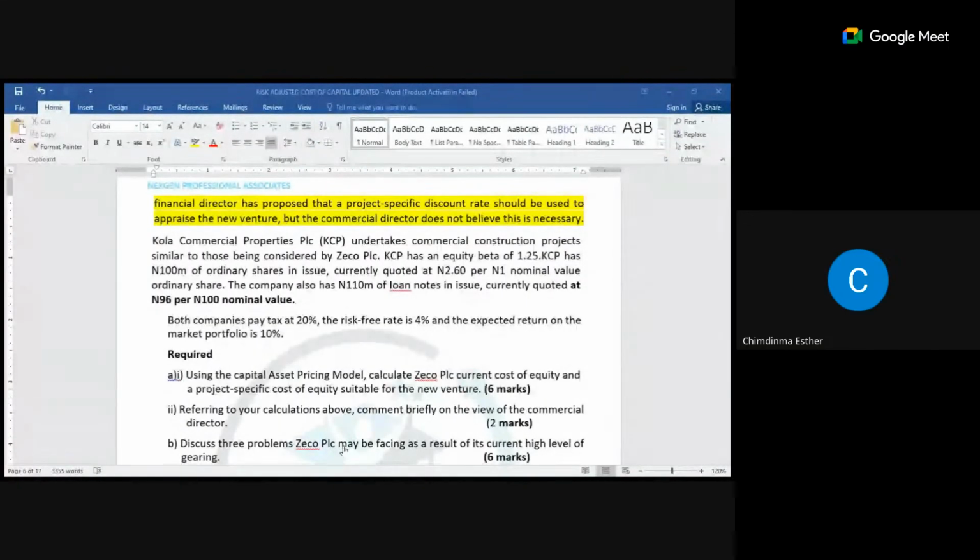So they need to compute the risk, that is, the financial risk and the business risk of both the new venture and the old venture. So as regards that, the commercial director's view is limited.